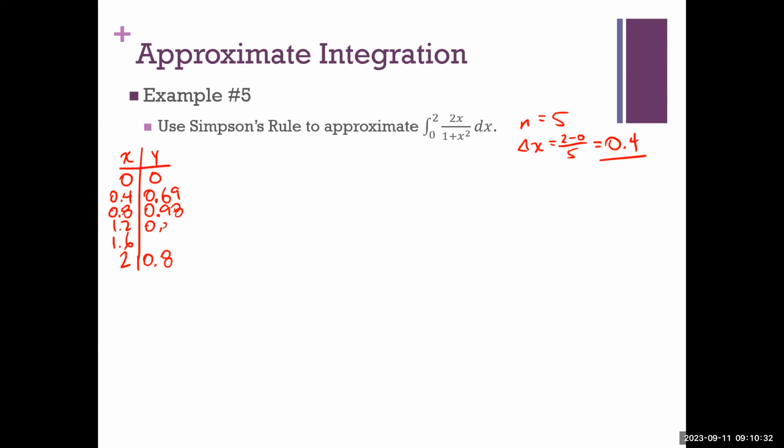Okay. 1.6 is 0.9. 1.2 is 0.99. Okay, that looks better now.